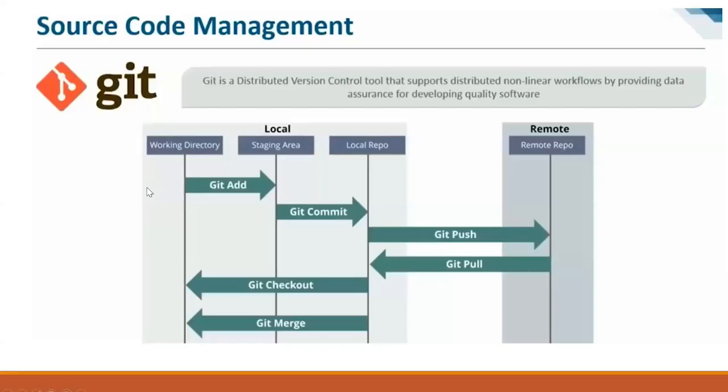Once you add the code in the working directory, it is not yet recognized by the local repository. It has to go from the working directory to the staging area, and from the staging area to the local repository.